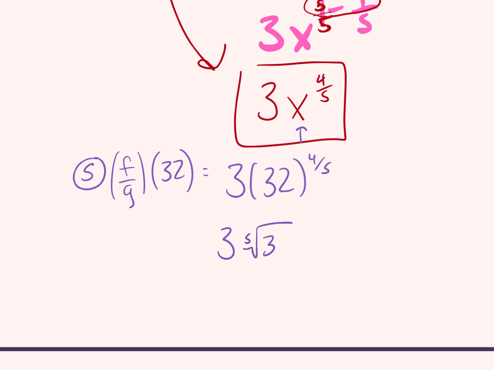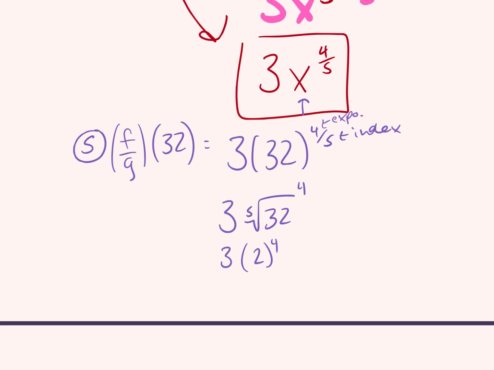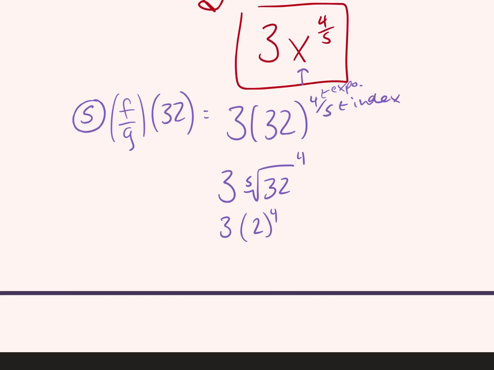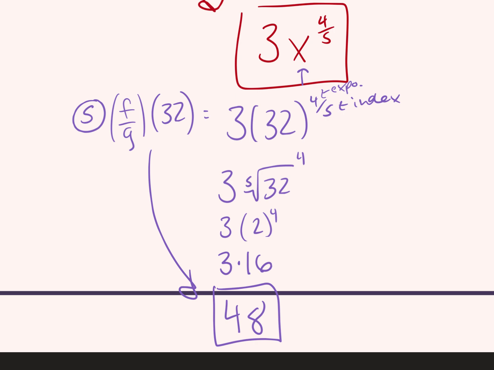So the 5th root of 32 to the 4th power, because the index is the denominator. The exponent is the numerator. What's the 5th root of 32? 2. So this is 3 times 2 to the 4th power. What's 2 to the 4th power? 16. So this is 3 times 16. What's 3 times 16? 48. So that's our answer to the 5th part of this question.